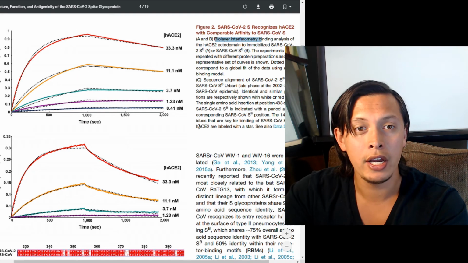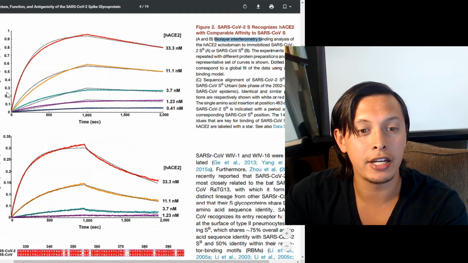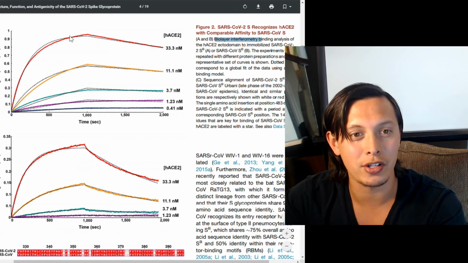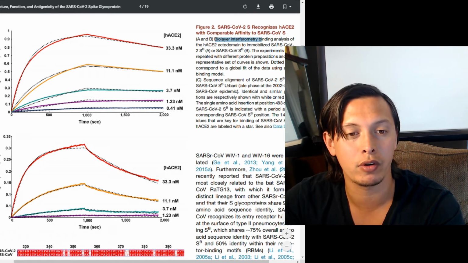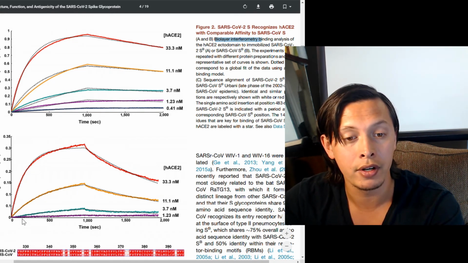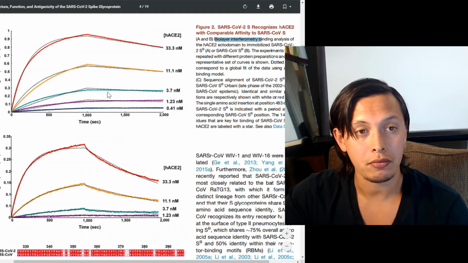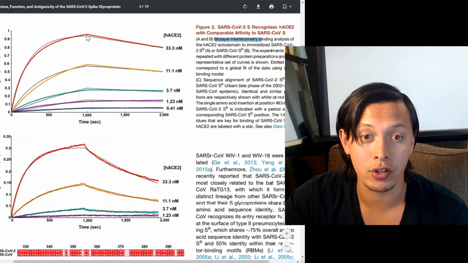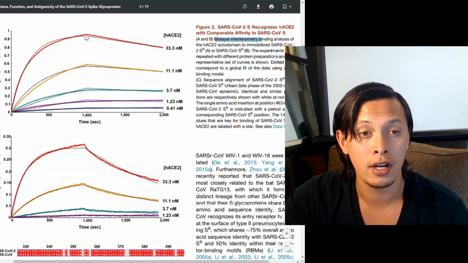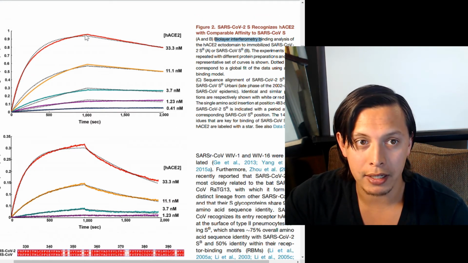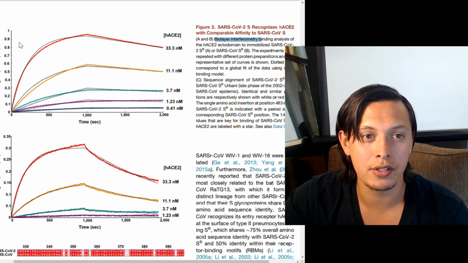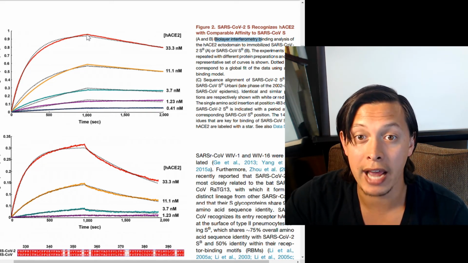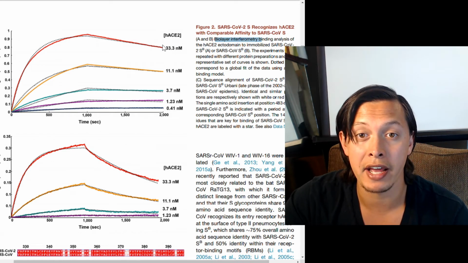So here's the new coronavirus, SARS-CoV-2, and here's the original coronavirus, SARS-CoV-1 from 20 years ago. So here you can see at the peak, after 1,000 seconds, you ended up getting a signal between 0.9 and 1 for the new coronavirus at this 33.3 nanomolar concentration.